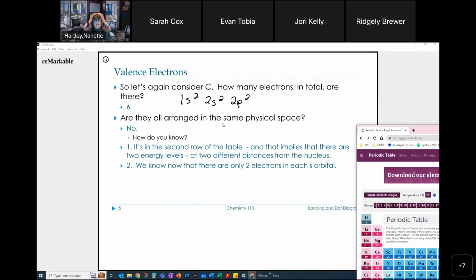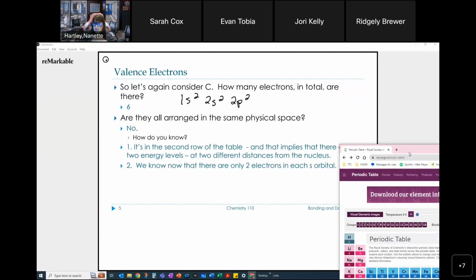And I know that because they're in different suborbitals, the s and the p, then I know they're not in the same physical space. I also know that those ones are inside of the twos, right? The 2 is further out. So there are 2 energy levels, 2 different distances from the nucleus, and there are 2 electrons in each s orbital and some in those p's.